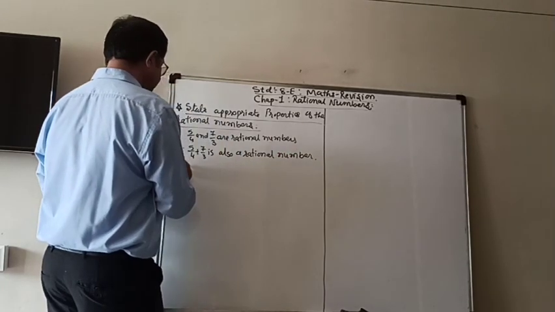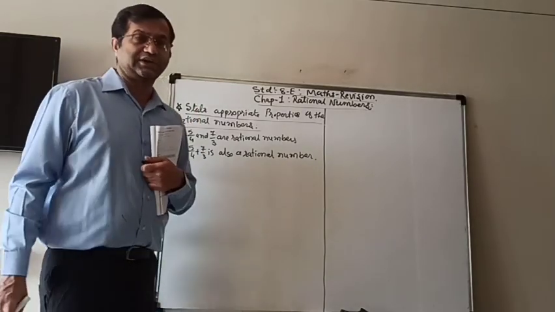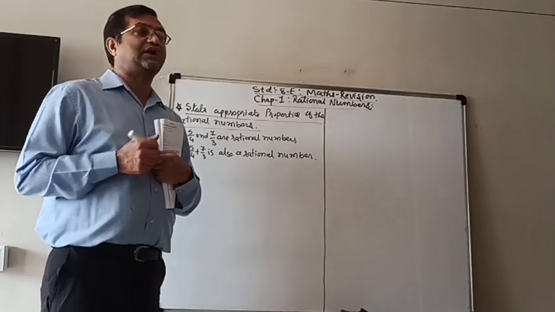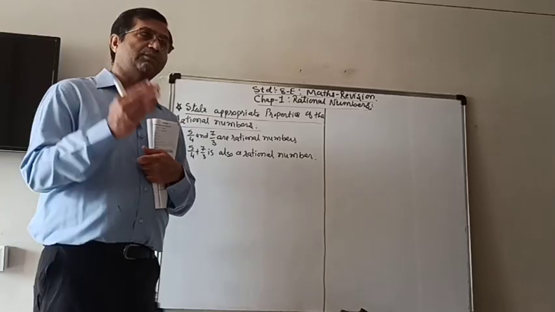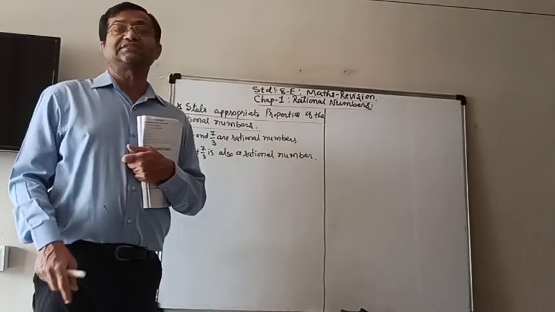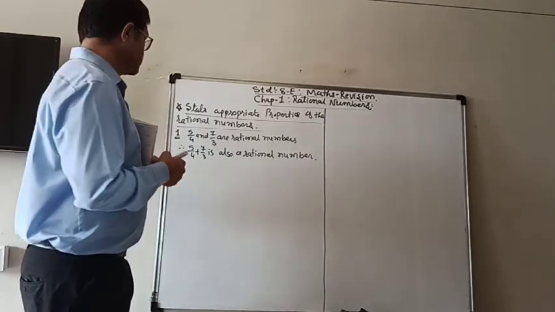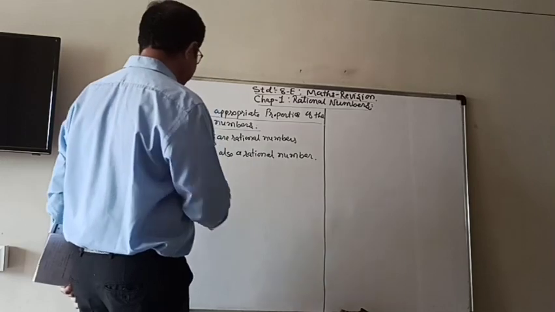In the beginning, we learned the closure property. Rational numbers are closed under addition and multiplication. It means that the sum of two rational numbers is again a rational number, multiplication also. So here, closure property for addition.